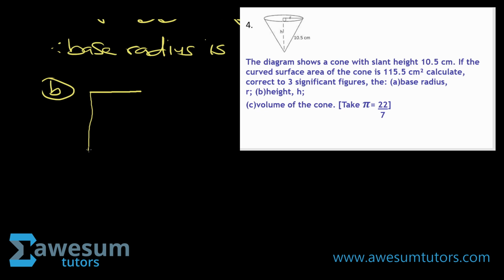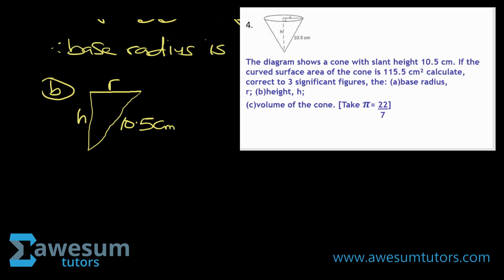I have this right here. Now, this is the H. This is the R, which is the base radius we just found. And this is the slant height, which is 10.5 centimeters. Remember, we already found that, and we already knew that before.